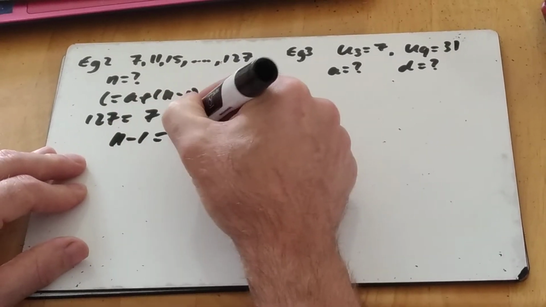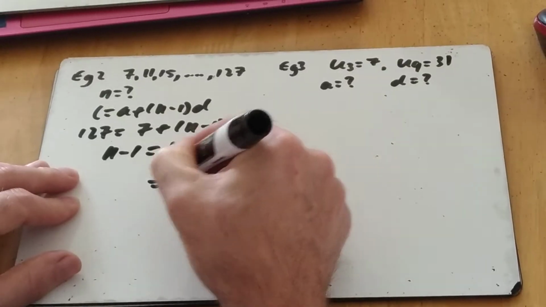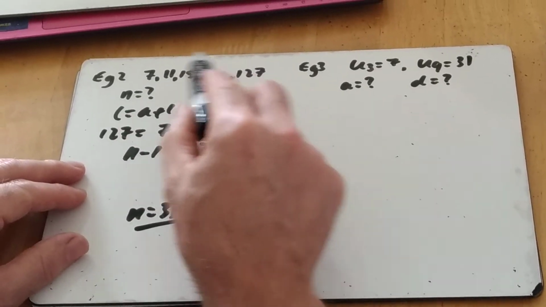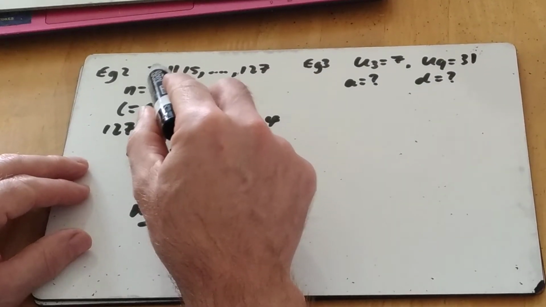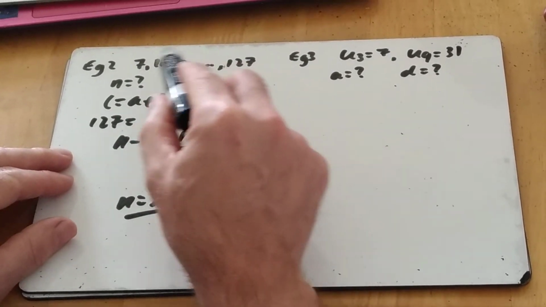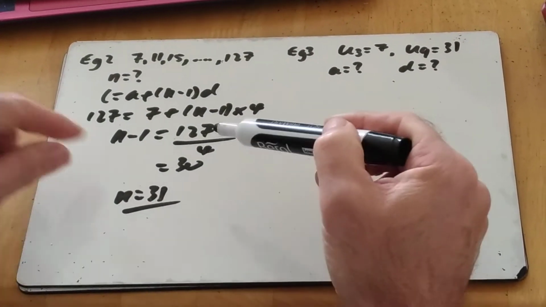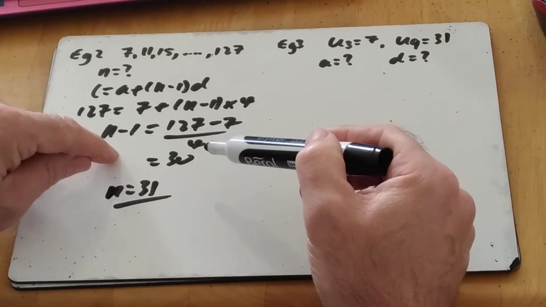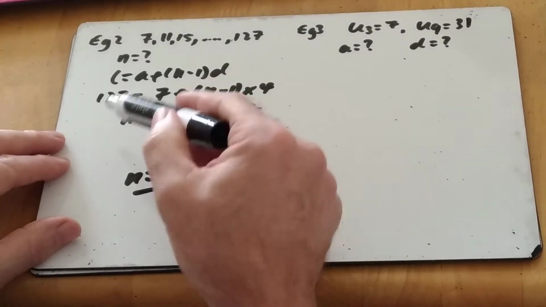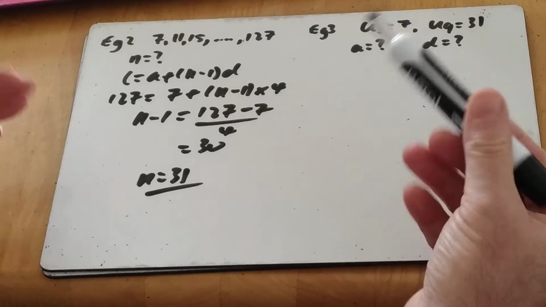So n minus 1 is 127 minus 7, 120, over 4, which is 30, n equals 31 terms. I could have done it by going, well, from 7 to 127 is a difference of 120. Since it's going up in fours, how many fours make 120? 30. 30 gaps mean there's 31 terms. You've got to take that logical step though, if you're doing it in this informal way, to go from 30 gaps to 31 terms, whereas with this, I use my formula, solve it, there's my answer.